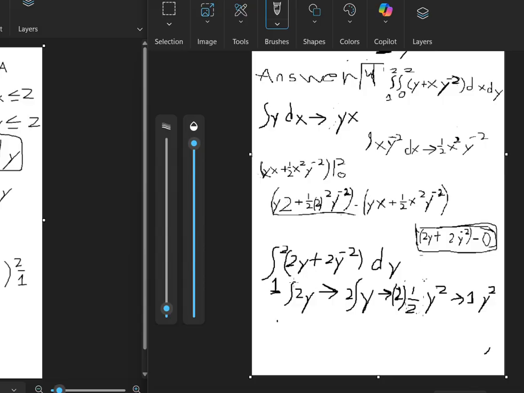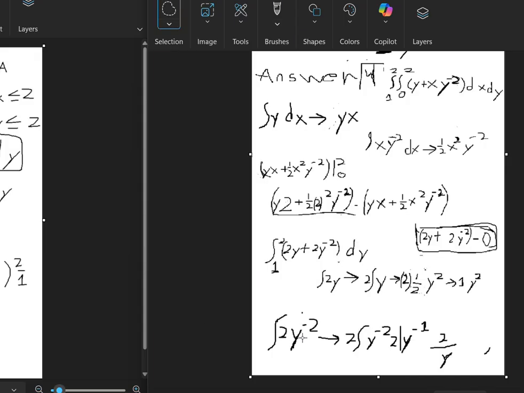So you can see that the integral of 2Y equals, you take the number outside the integral, so it's 2 times the integral of Y. The integral of Y is 1/2 Y to the power 2. You bring the 2 forward, and then that becomes 1, so it's 1 times Y to the power of 2.